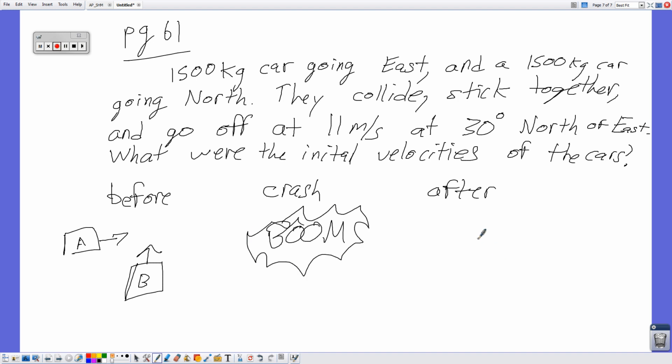There. Afterwards, they got this horrible mess of car that's going off at 11 meters per second at an angle of 30 degrees north of east. Because this direction is east, this direction is north. Somewhere in between the two is north of east.